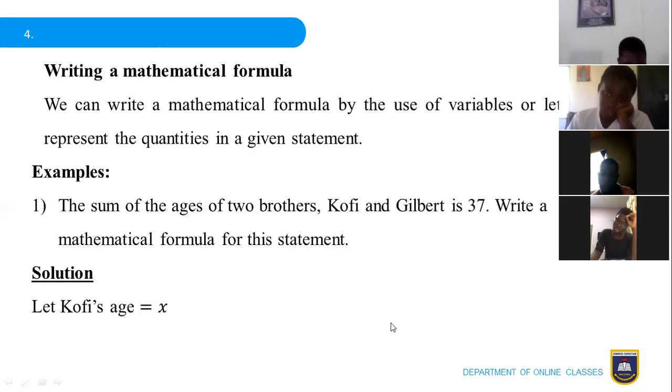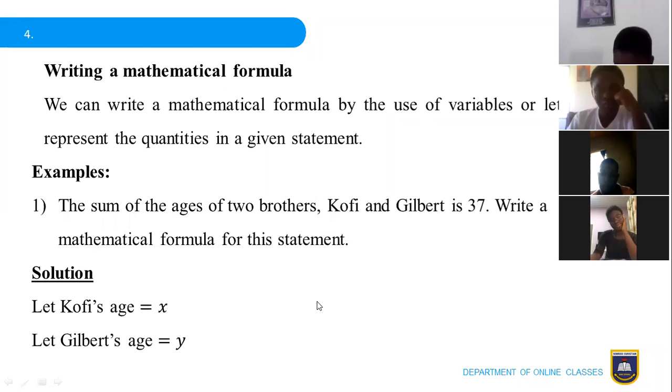And then you can also say, let Kofi's age equal to X, since you don't know, so you use letters to represent the quantities. Then let Gilbert's age equal to Y. So we are talking of addition. You are going to put their ages together and that will sum up to 37. So we have X plus Y equal to 37.